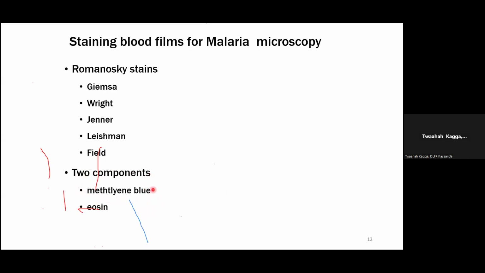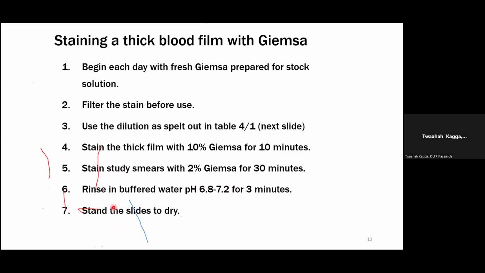They are acids that methylene blue stains. Then the eosin stains the basic part of the parasite inside the nucleus of the parasite, called the chromatin dot. There are basic components that have affinity for eosin. That's why the chromatin dot appears red, because it has been stained by eosin.